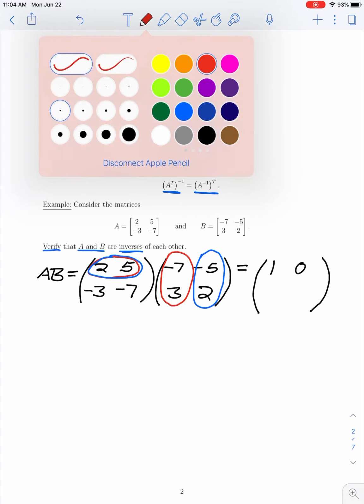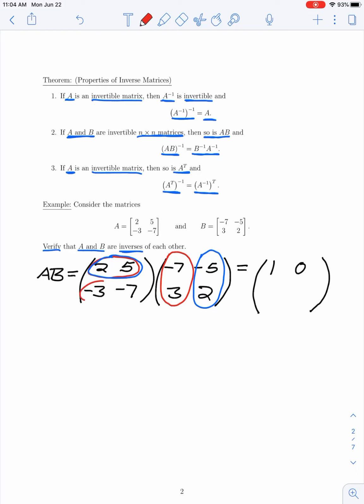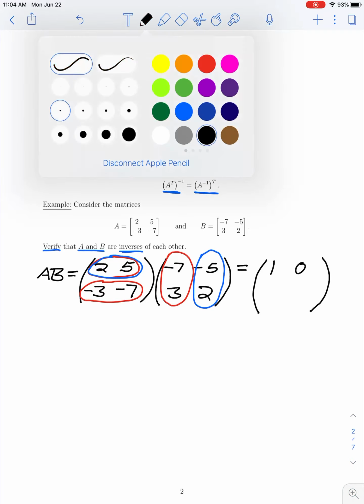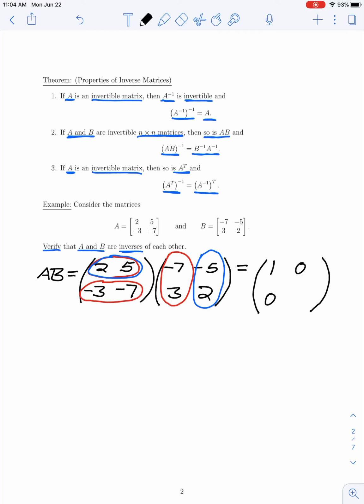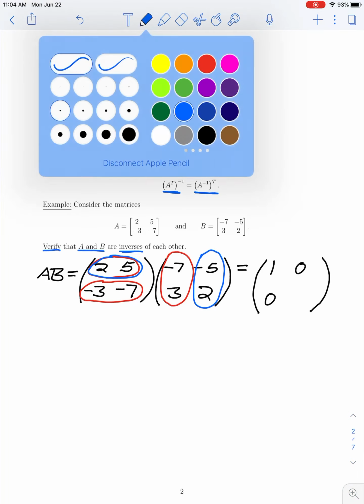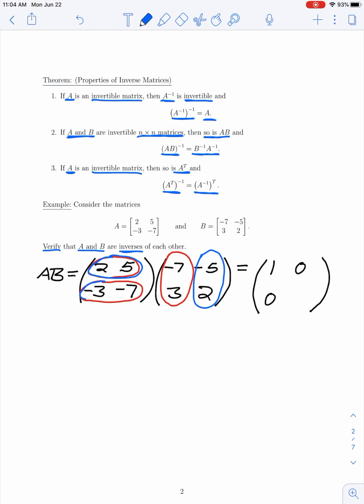Then moving to my second row, first column, taking the dot product of the second row and first column, I have +21 minus 21 is 0. And then the second row, second column, taking our dot product of the second row and second column vectors, we have +15 minus 14 is 1.